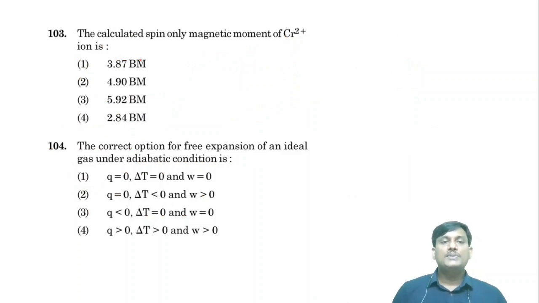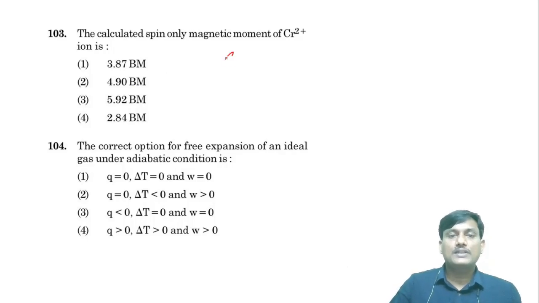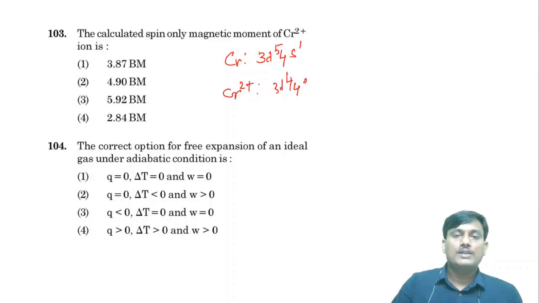The calculated spin-only magnetic moment of Cr2+ ion is? You have to know the electronic configuration, and also identify the number of unpaired electrons. What is the electronic configuration of chromium? The outermost configuration is 3d5 4s1, and for chromium 2+ it will be 3d4 4s0.